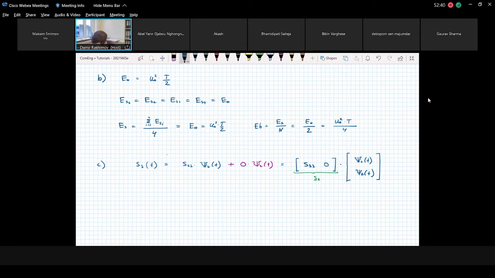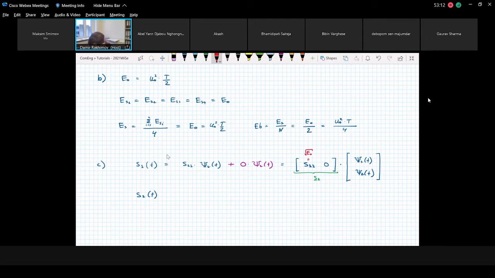Okay, then for second signal, by the way, we can also say that this scalar S11 was equal to the square root of E naught. If you substitute the value of E naught in terms of amplitude, you can find the amplitude, but I will keep it in terms of E naught.